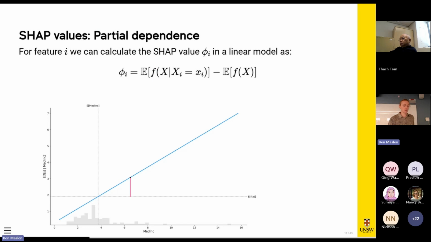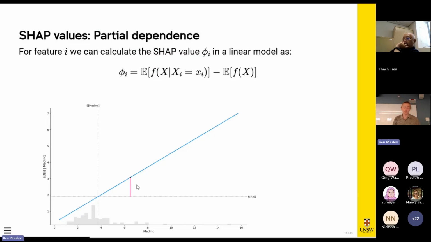What the SHAP value is for a linear model is simply the difference between our partial dependence line here, the conditional expectation of our function given our feature is equal to some value, minus the average predicted output, the expectation of the function itself. So that's what this red line represents here.